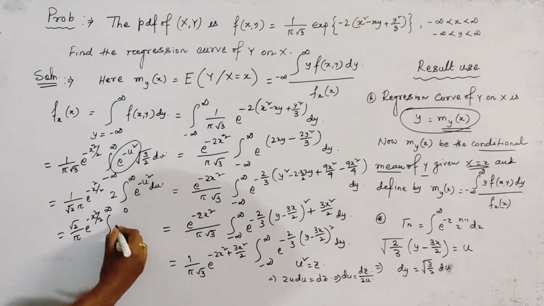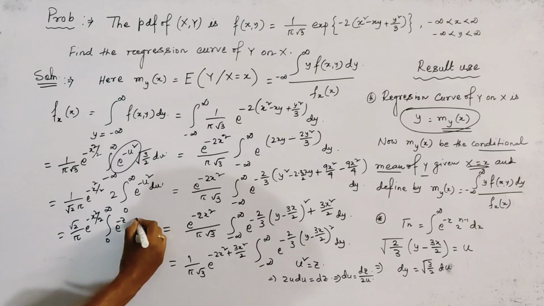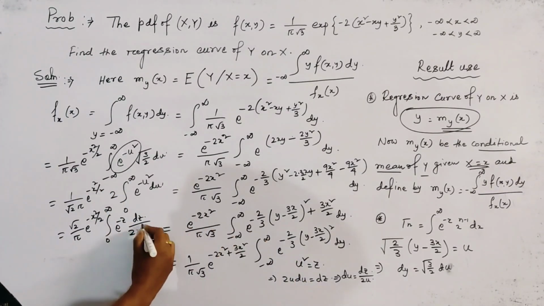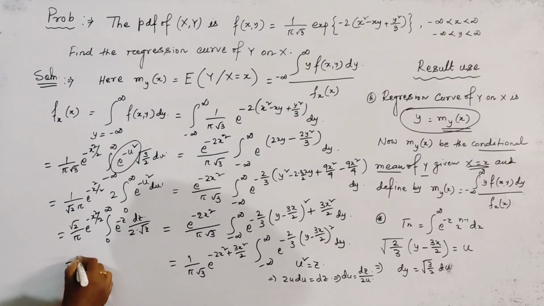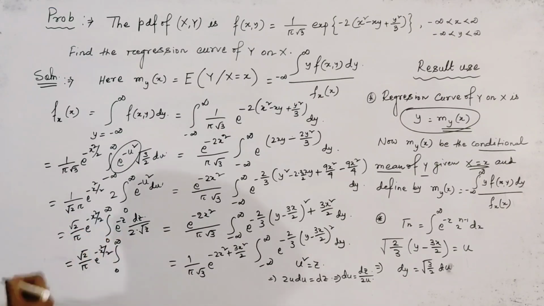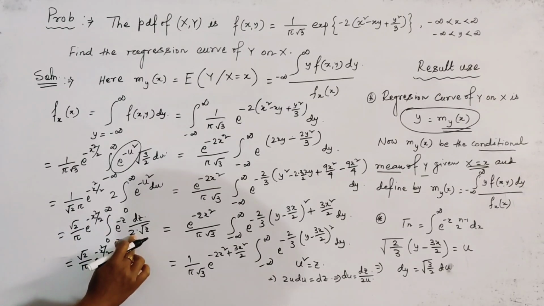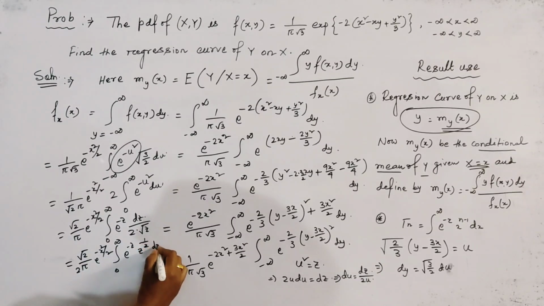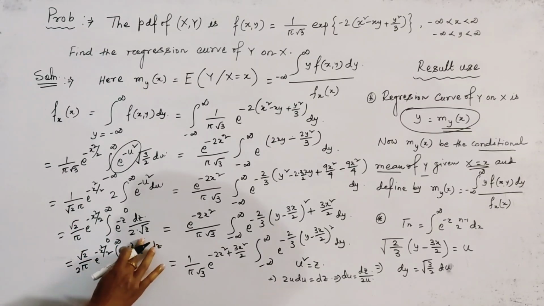So 0 to infinity of e to the power minus z, and the value of du is dz by 2 into u, where u means root z. Now this is root 2 by pi into e to the power minus x square by 2 into the integration from 0 to infinity, and here we again get a 2, so this is e to the power minus z into z to the power minus half dz. We write this minus half as half minus 1.